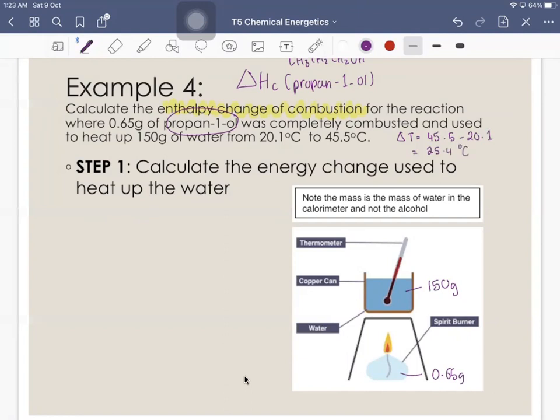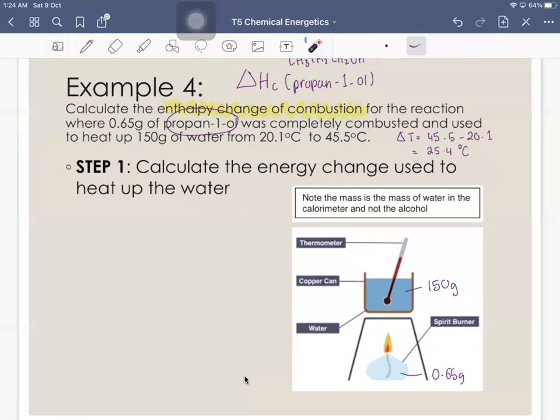Now I'm going to show you that it is the same in Kelvin as well. You should not convert 25.4 degrees Celsius into Kelvin. That's wrong. You should convert each initial and final temperature to Kelvin.